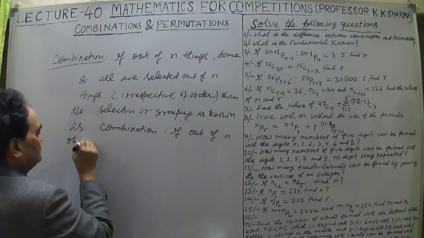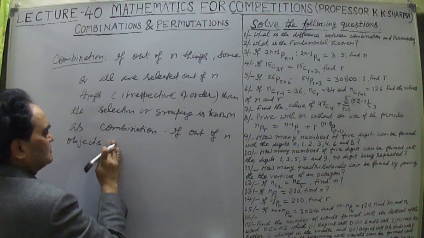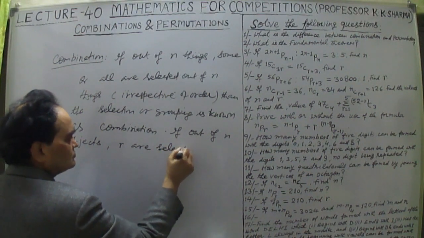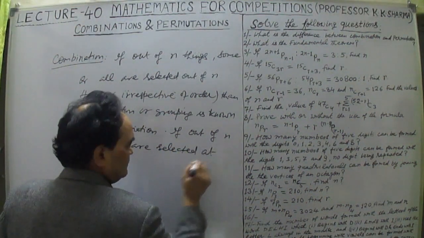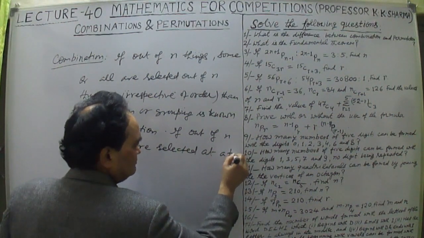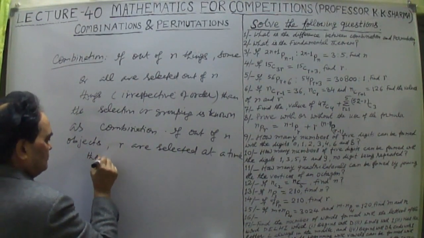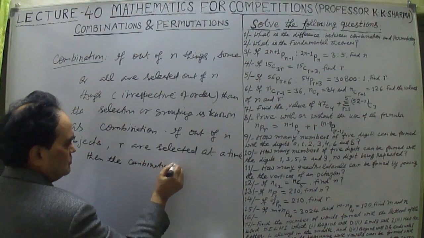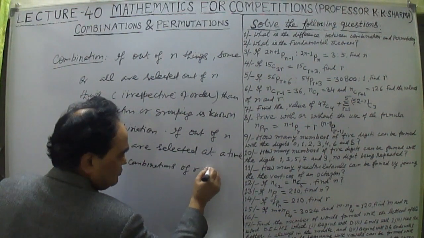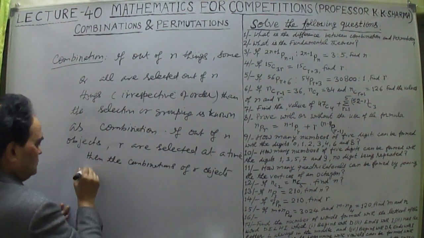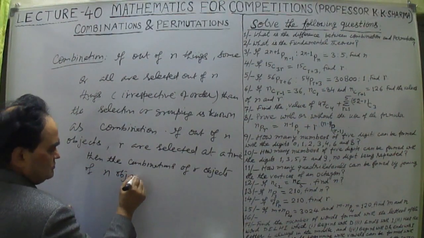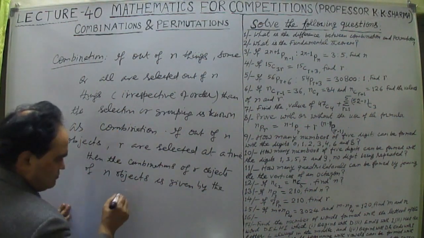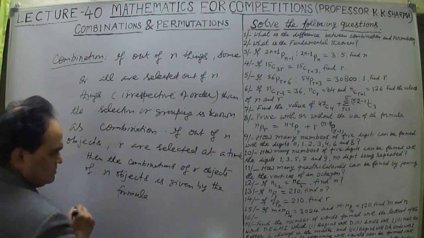If out of n objects, r are selected at a time, then the combination of r objects out of n objects is given by the formula. I'm writing the formula here.